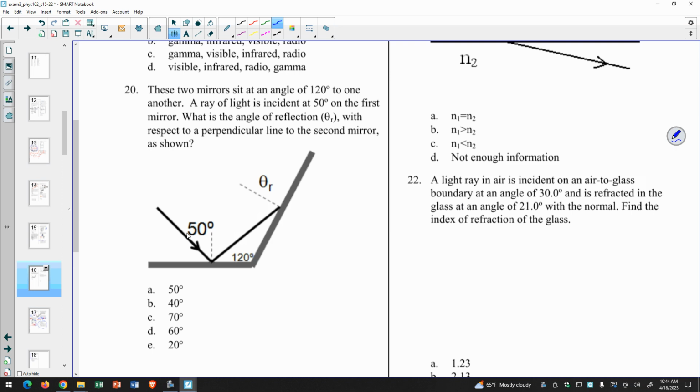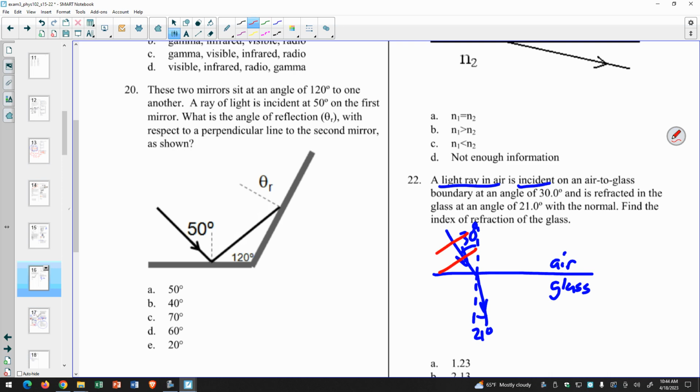So here I have a light ray incident on an air to glass boundary and is refracted in the glass. So what it's telling me is I'm starting in air and I'm going to glass. I can tell that because the light ray is in air and then it's incident. And it tells me that angle is 30 degrees. And then as it moves into the glass, the angle is 21 degrees, which jives with what I think it should do, right?